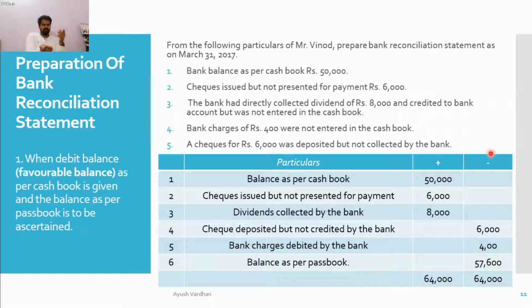Okay. Now, second, dividend collected by the bank. Again, this is cash book, this is passbook, both are equal. Then what happens? Suddenly, some payment comes into the bank account, that is dividend given to you of 8,000 rupees. And your cash book doesn't know about it, but just because dividend is a direct entry into your bank, the bank is authorized to collect that on your behalf.